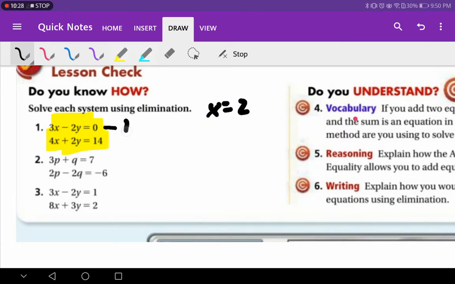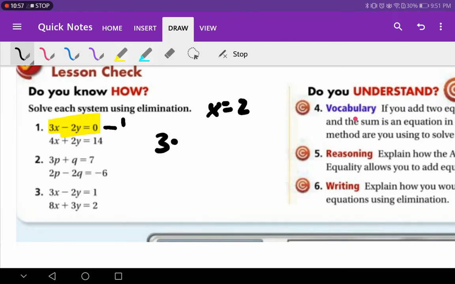Choose equation number 1 or equation number 2. Choose one, any one works. The easy one for you, you can choose it. So let us choose number 1. I will rewrite it, but replace the x by the 2. Okay, let us do it together.